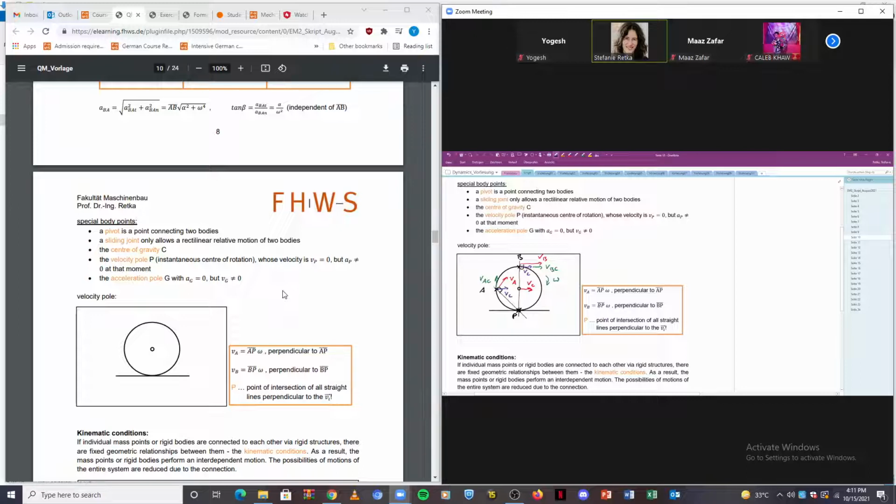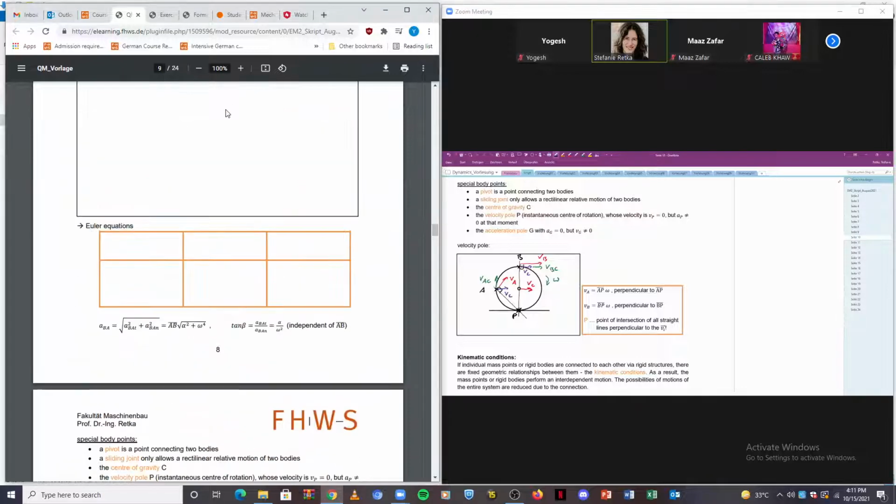The velocities in direction are always perpendicular to the radius, the distance between velocity pole and our point of interest. And they can be described as a pure rotation about the velocity pole. We do not have to do a superposition of translation and rotation. If we use the velocity pole to compute the velocities, it can be described as a pure rotation about this pole.